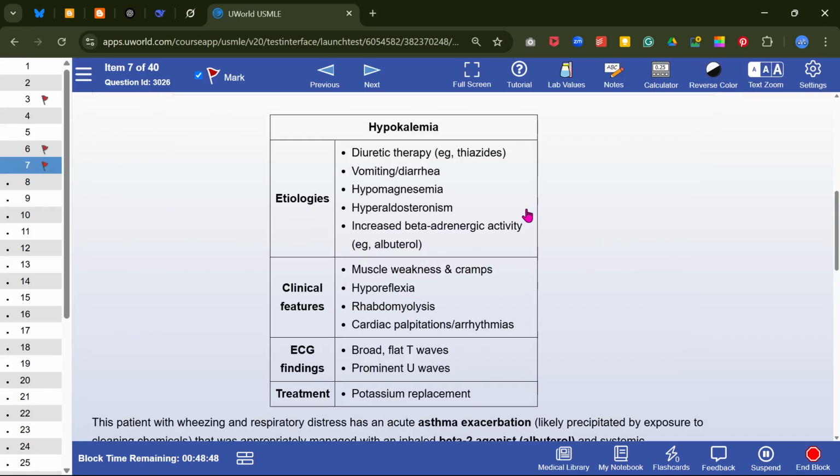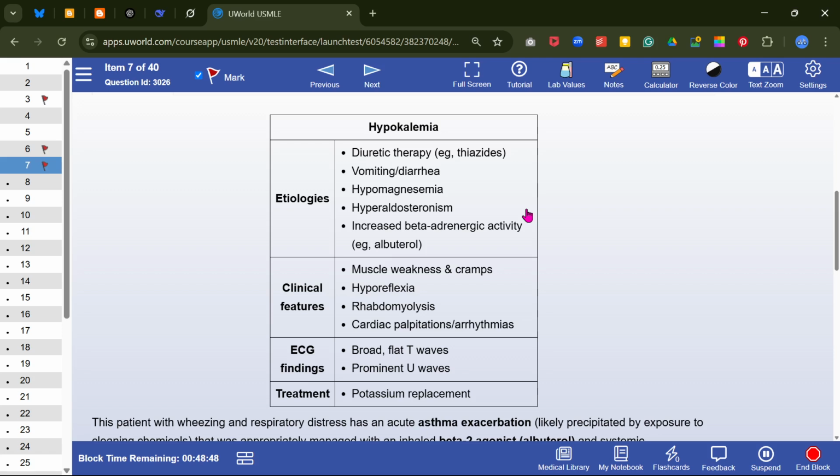Hypokalemia: diuretic therapy, thiazide diuretics, vomiting and diarrhea, hypomagnesemia, hyperaldosteronism, increased beta-2 adrenergic activity, albuterol.